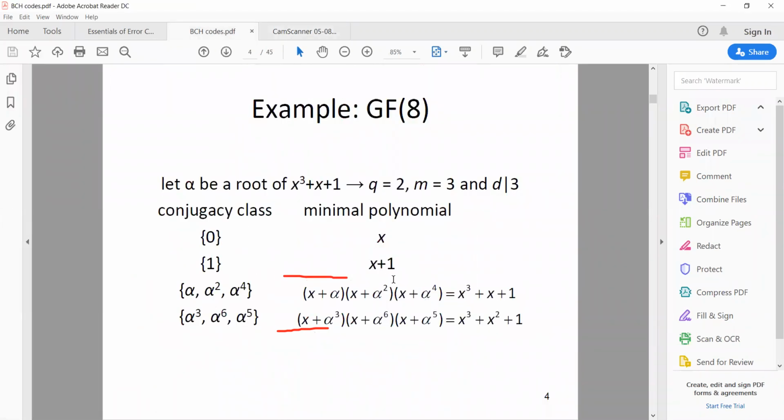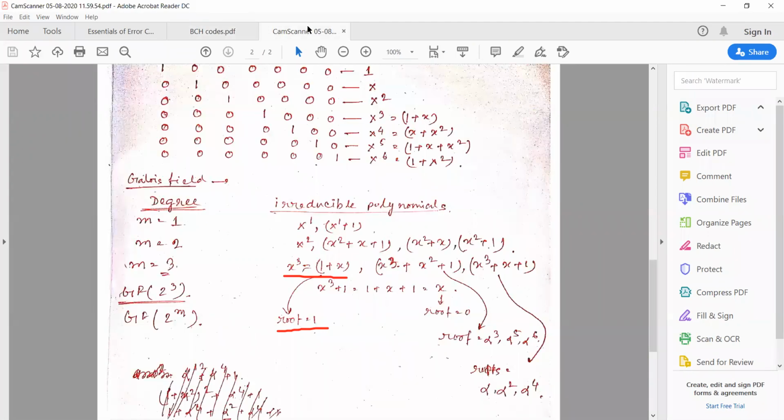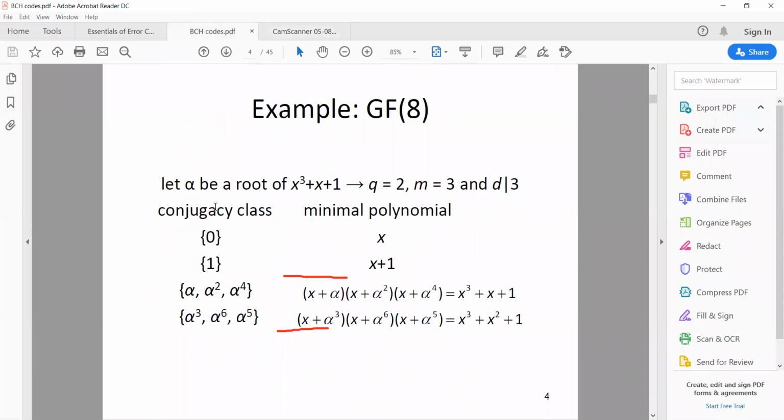Again, from x cube plus x plus 1, that means this possible polynomial equation considering the degree as 3, the roots are alpha, alpha square and alpha to the power 4.